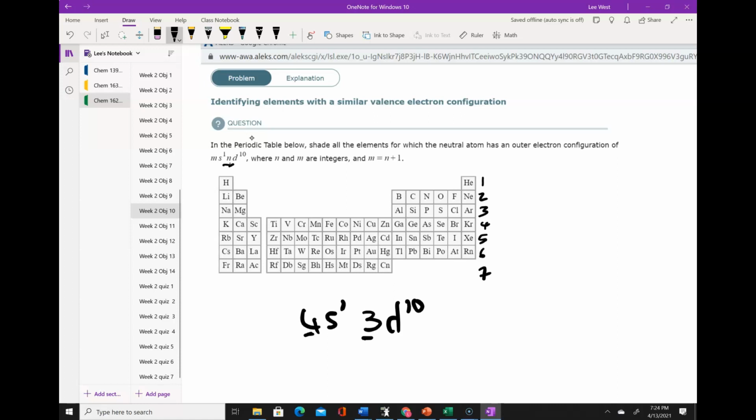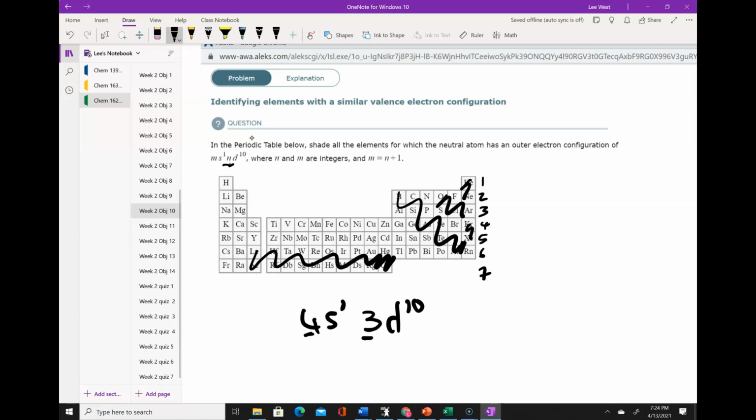The ones that have f, and also d, are in 6 and 7, so all of these are out of the question. They don't have any p's, so all of those are out of the question too.